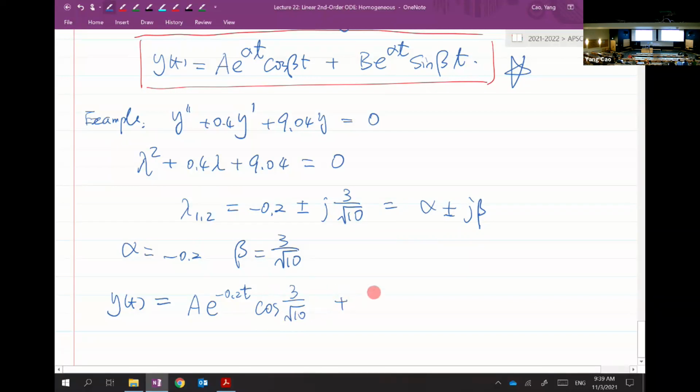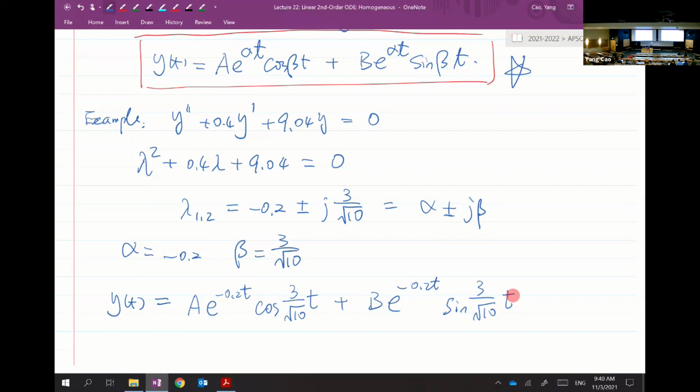So that's the first part. And b e to the power negative 0.2 t again, sine beta t here, right? 3 over root 2 t. Hang on a second here.